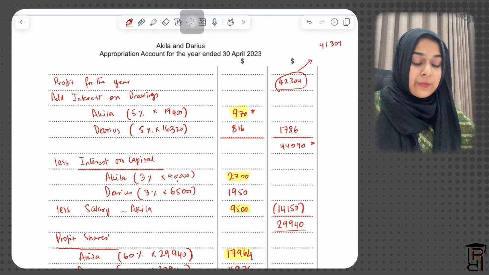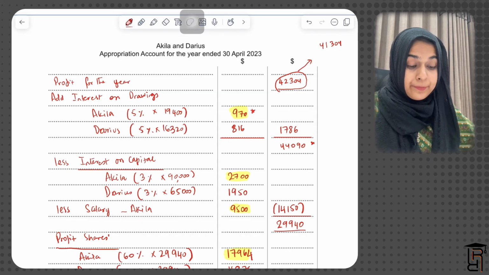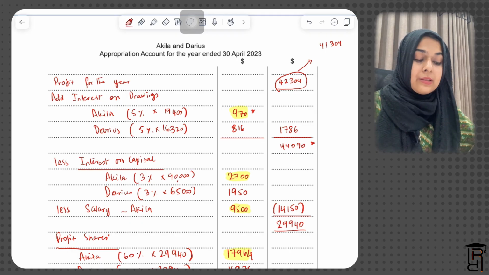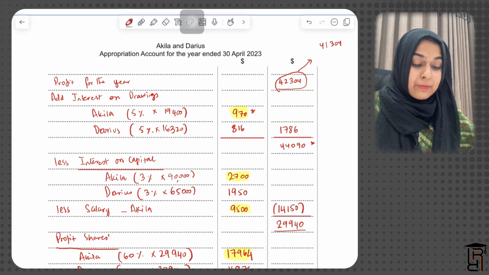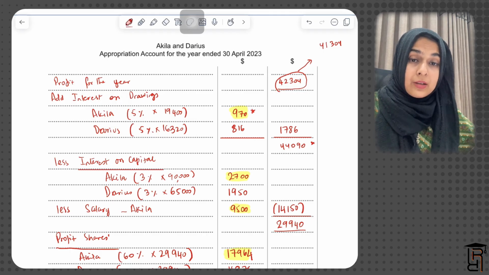So 28,940, if we divide this into 60 and 40, 60% of 28,940 will come out to be 17,364. So 17,364 is 60% of 28,940. So that means the profit share is being reduced by 600.